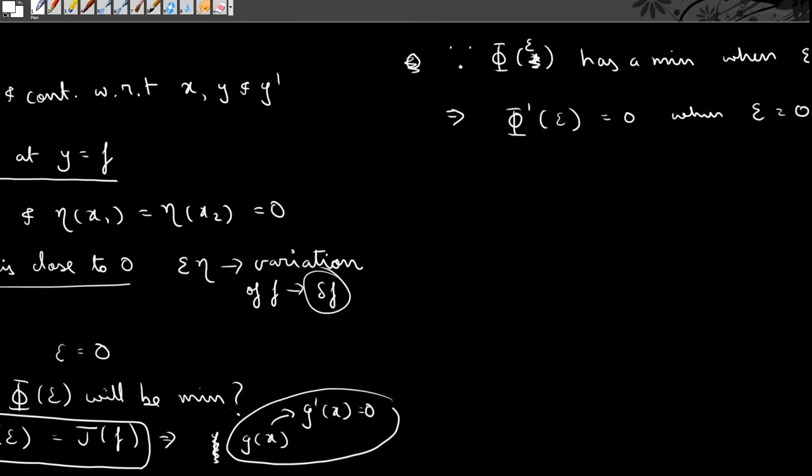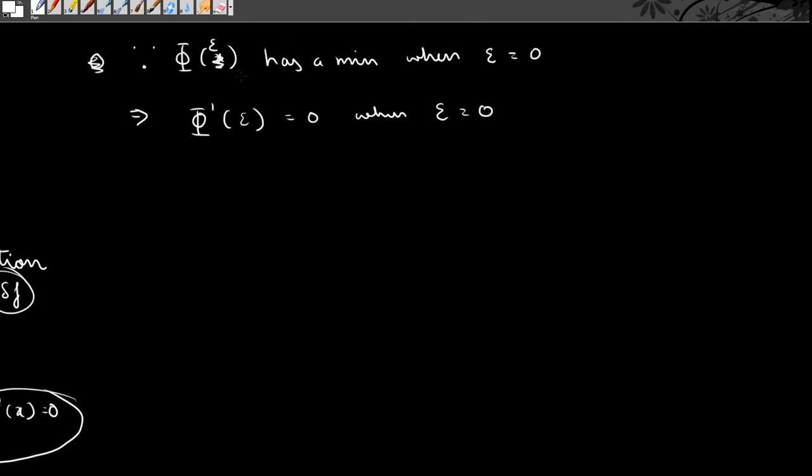Any function g of x has a minimum or a maximum when g dash of x equals 0, and in this case when epsilon equals 0, phi of epsilon is going to have a minimum, which means phi dash of epsilon should be equal to 0 when epsilon equals 0. Okay, we are good to go.